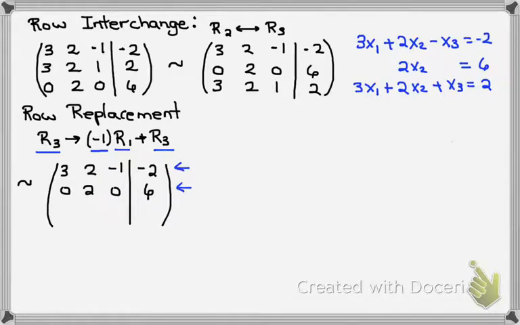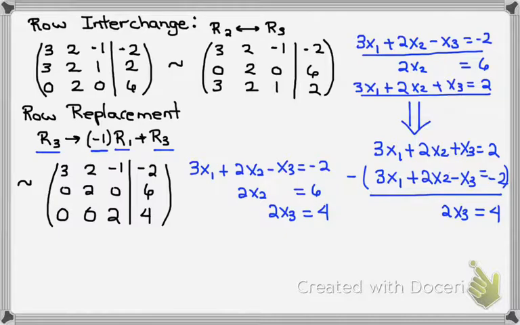Now for row 3, we take negative 1 times row 1 and add it to the elements in row 3. So we have 3 plus a negative 3, which gives us 0. Then we have negative 2 plus 2, which gives us 0. Then negative 1 times negative 1 plus 1 gives us 2. And then negative 1 times negative 2 gives us positive 2, plus 2, which gives us 4.